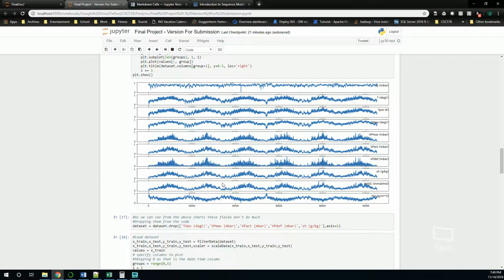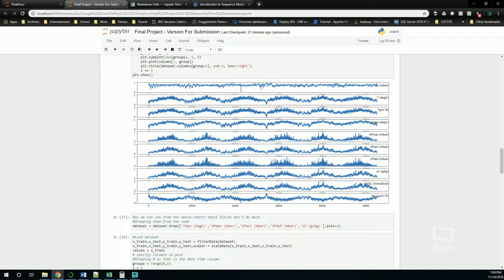Because I'm trying to minimize the dimensionality so it can go quickly on my old computer, I get rid of ones that look very noisy, such as VDEF, and ones that just don't look like they contribute, or look like they're duplicating data that's in another variable.